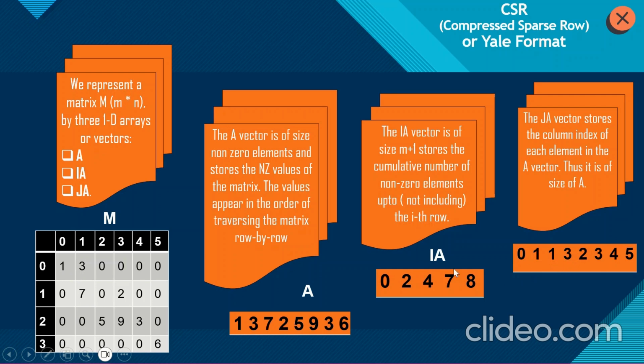Then you have 3, because the next non-zero element is at the column index of 3. Then any guesses? Yes, this 5 is at column 2, so this 2. Then you have 9 and 3 at column numbers 3 and 4 respectively, and this last value is at the column index of 5, right? So this was the JA array.